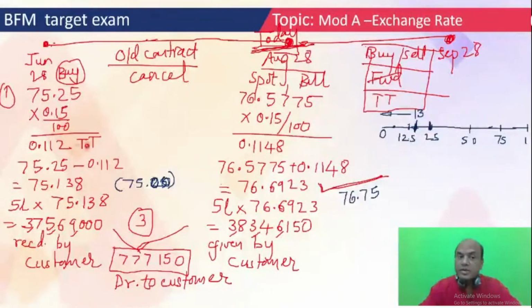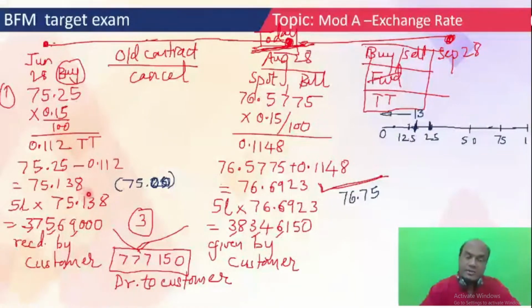What to do with this TT margin? I am buying. For buying, I'll subtract it. So 75.25 minus 0.112. Everyone try this now. Are you getting the same one? 75.138. Are you getting this?